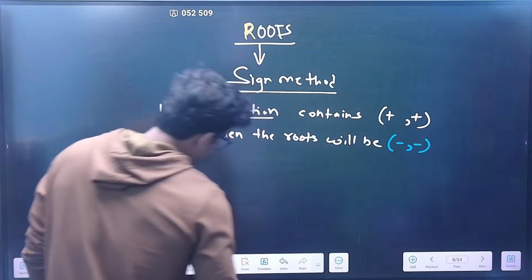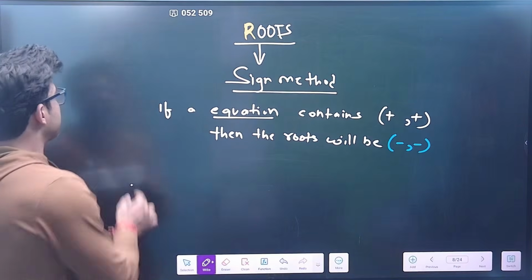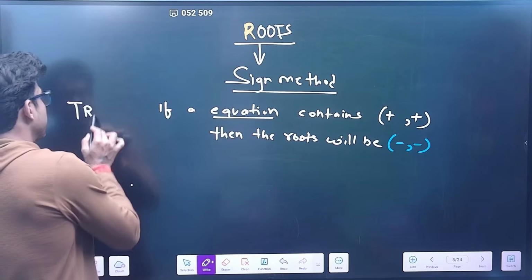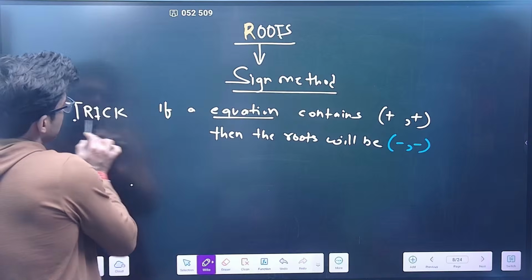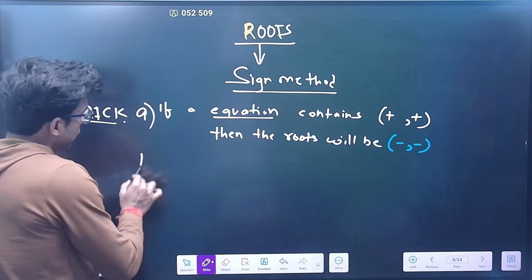Now the second most important part. Again guys, note it down under the trick also. This is again a kind of a trick. So this is point number 1. Let's go for point number 2.